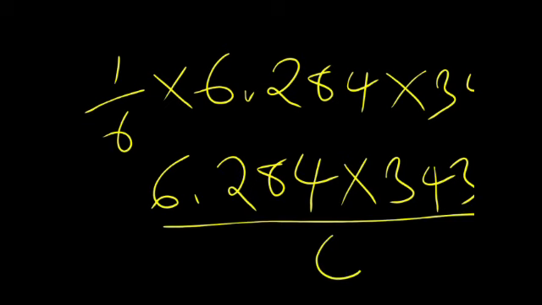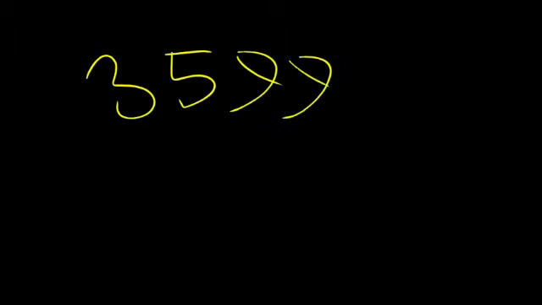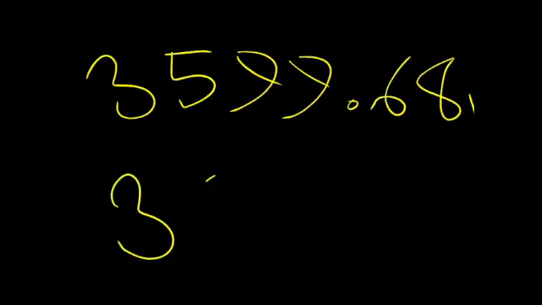Now if we punch that on a calculator, 6.284 times 3,437 nautical miles divided by 6, we are going to have 3,599.68 nautical miles. This can be rounded off to the nearest hundred as 3,600 nautical miles.